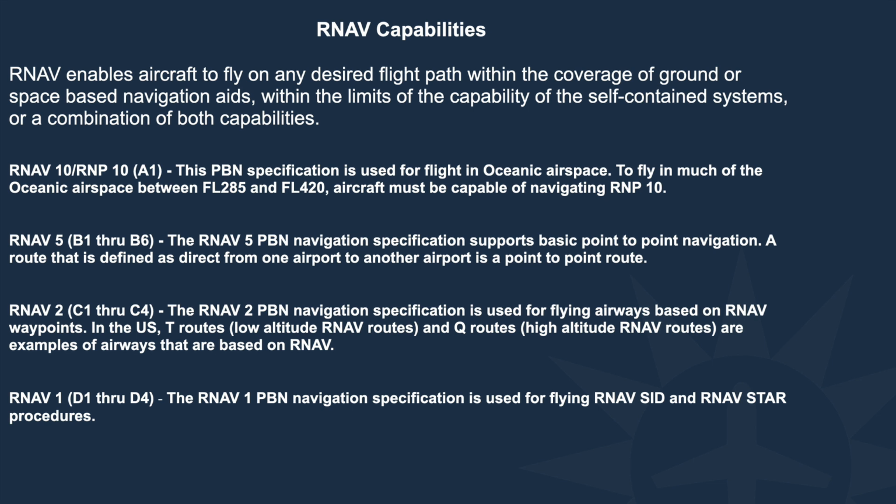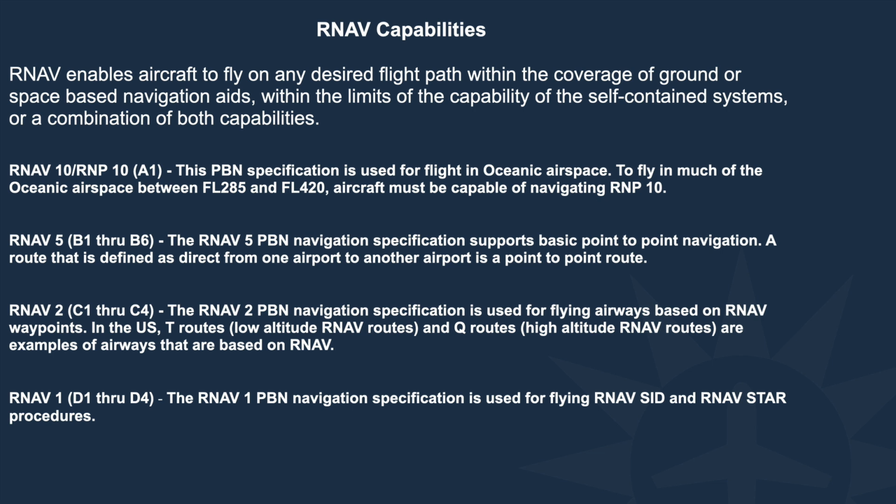So the first code is the Alpha 1. And the reason it's an Alpha 1 is because it's a really high level navigation code. And this code is really only used in oceanic airspace. So if you're off the coast, either the East Coast or the West Coast in the US, and you're flying around out there, you're probably going to need to have RNAV 10 or RNP 10.